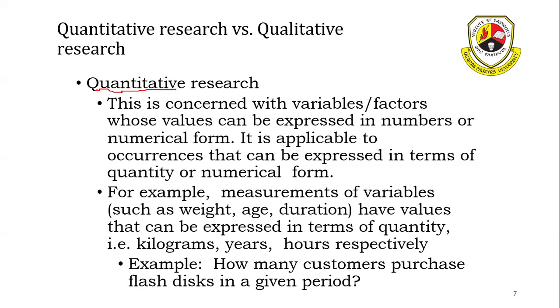So we are dealing with numbers and something of numerical form, something that occurs more than any other variable. So when we are looking at quantitative research, we're looking at something which is measurable.